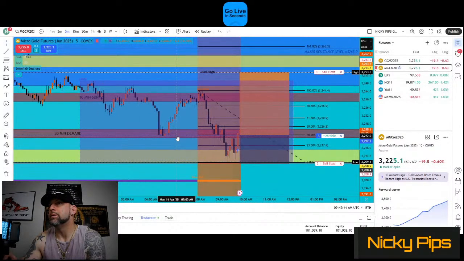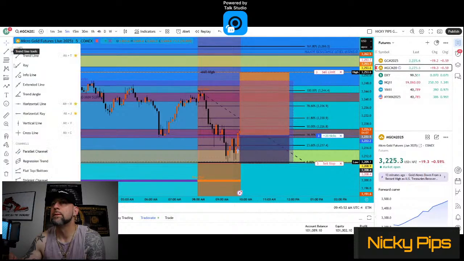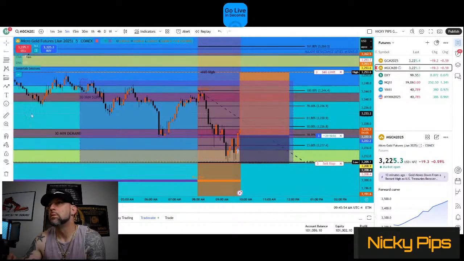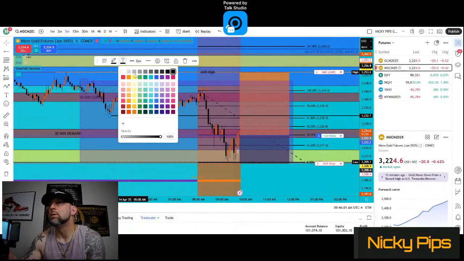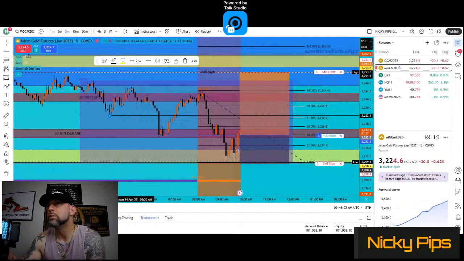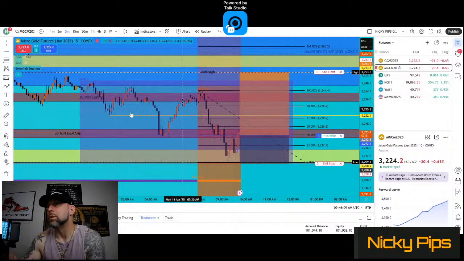If it does come up to this area right here, I'll probably add a position. If we get up to this position right here, this color, that'll be another area where I'll add another entry.